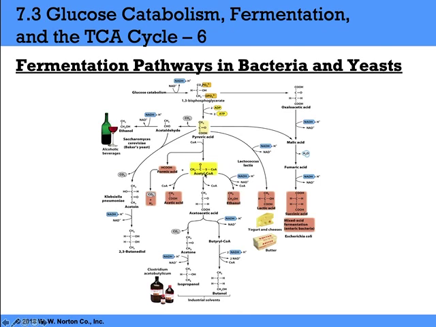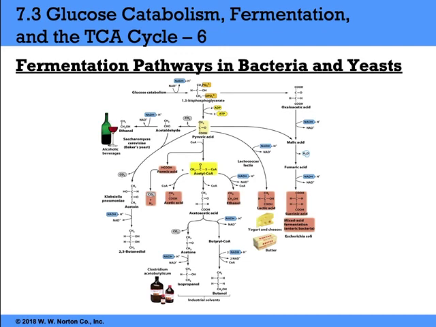We can generate from that things like acetoacetic acid, which can be converted to acetone and isopropanol in some organisms, or butyryl-CoA, which can end up forming butanol. And again, the purpose of all of these is to produce some oxidized electron carriers so that we can continue to run glycolysis. Okay, that's the key.